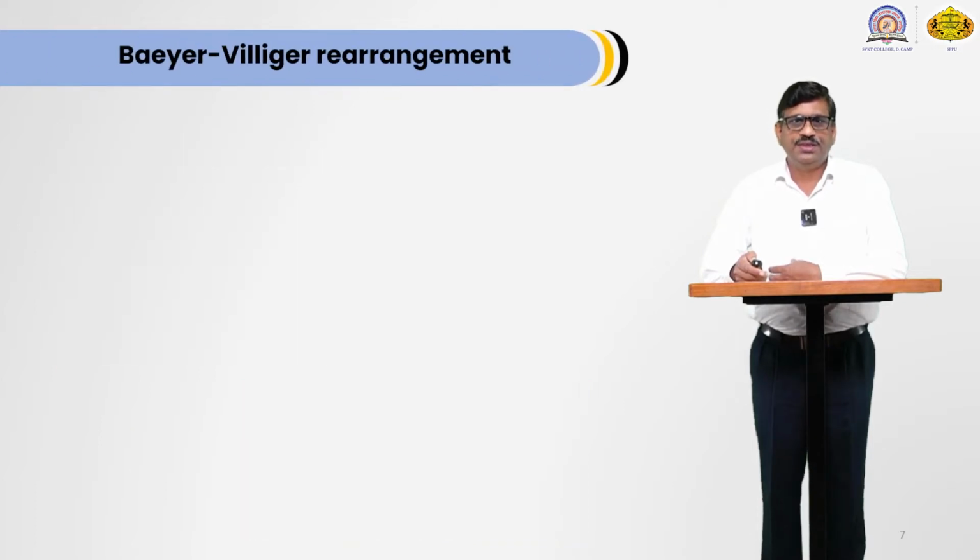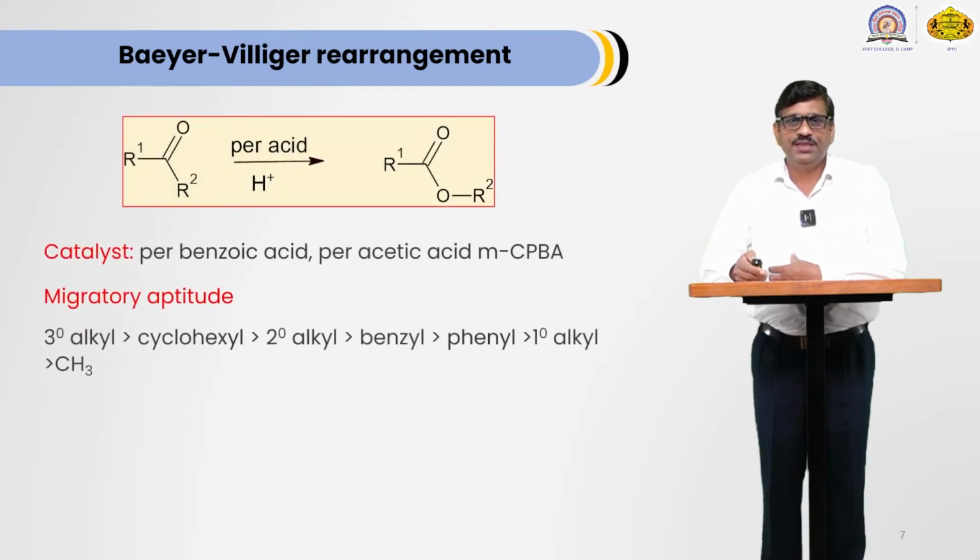Another rearrangement is the Baeyer-Villiger rearrangement reaction. It is also called the Baeyer-Villiger oxidation reaction. As you know, in Baeyer-Villiger oxidation there is oxygen insertion and peracid is used as a reagent.